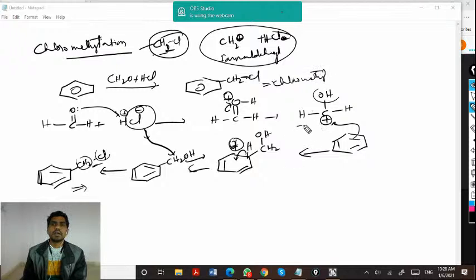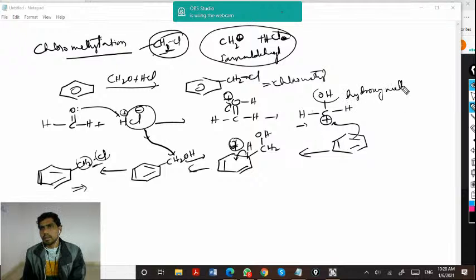Here the electrophile is CH2OH plus. This is called hydroxymethyl carbocation. So that is the electrophile, or the intermediate.